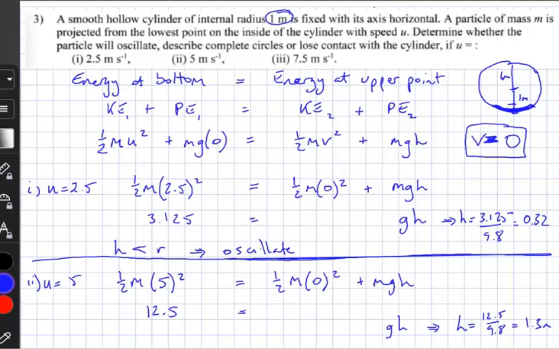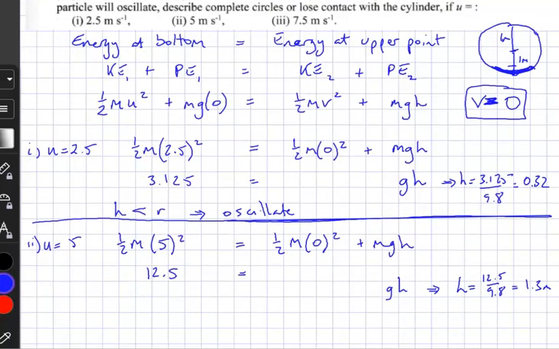So in this situation, our h is greater than r, but it's less than 2r. Therefore, we're going to have this situation where it's going to lose contact. It's just going to turn into a projectile. It's not going to complete the full turn. It's going to crash.